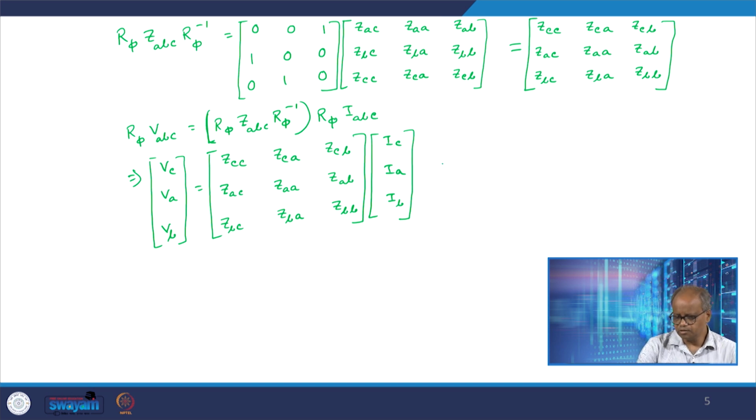For example, if we write down the original relations, we will perceive that immediately. So let us just compare. Let us write down the equations VA, VB, VC, original relation.